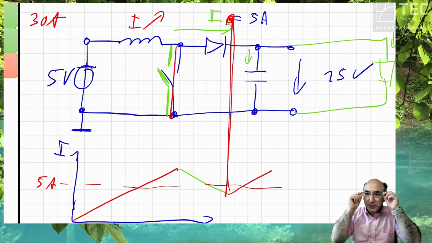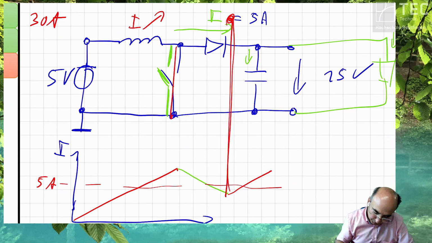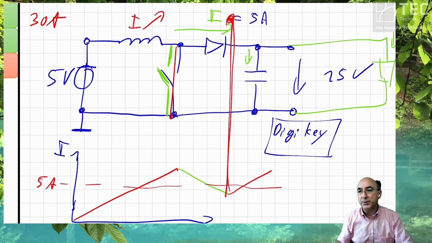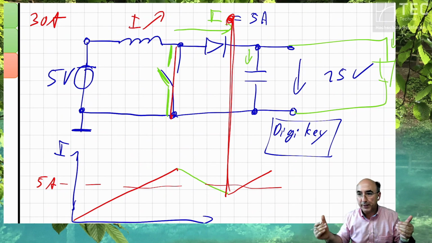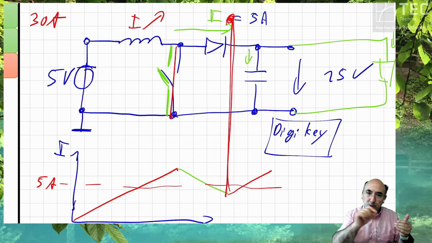Let's go to DigiKey. It's a worldwide distributor. And just compare for a high number of devices to buy, not very low numbers, not one. Let's go to 100,000 devices to find out the price.